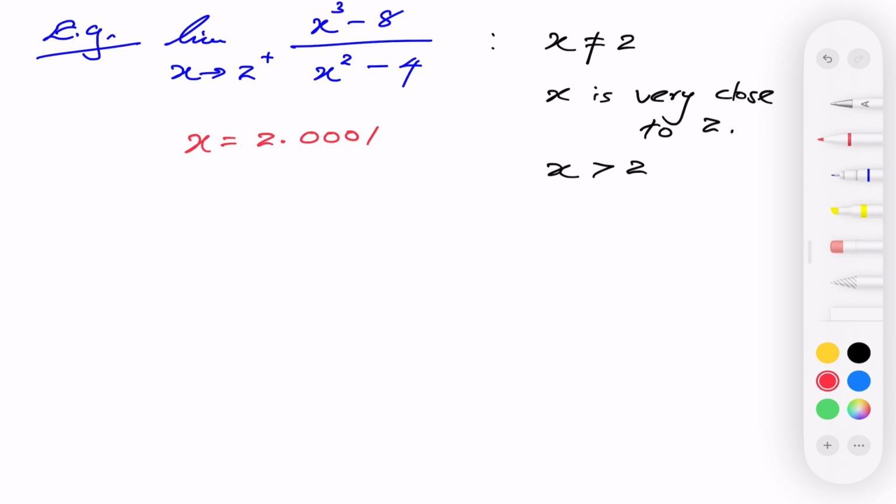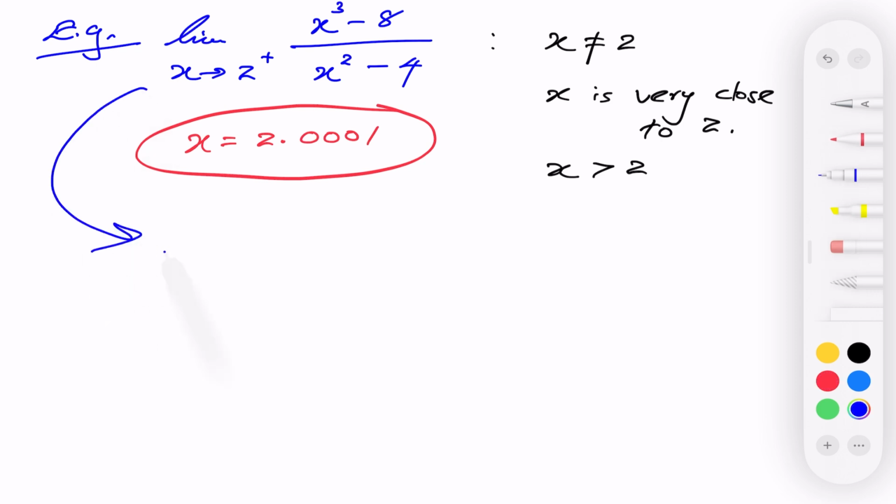Well, you can always do better. Somebody else can try x equals 2.00001. Maybe another person can try x equals 2.000001. Those are even better candidate values for x than the value that I selected. But anyways, I'm going to select x equals 2.0001 and substitute that value in this question.